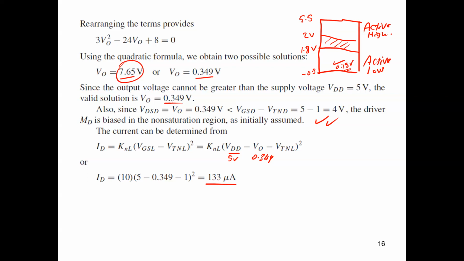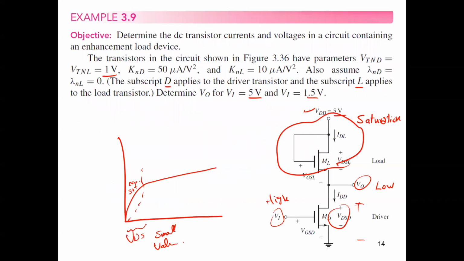Assuming this value is active low, going back again to the circuit: if the input VI here is active low, we expect to have active high at the output at this time. Active high here means the voltage across V drain to source would be high, which is going to operate this driver in saturation region.